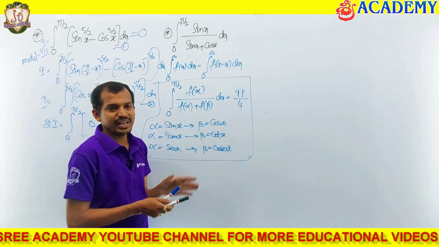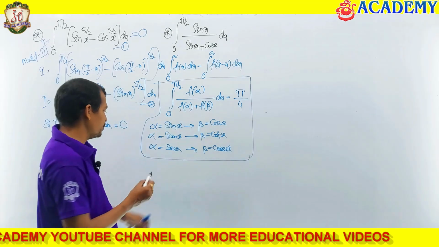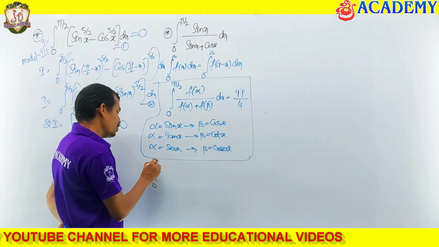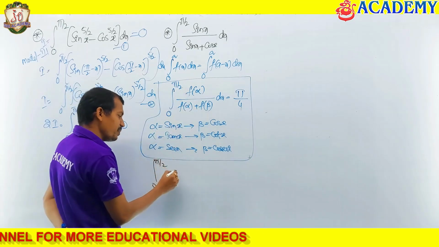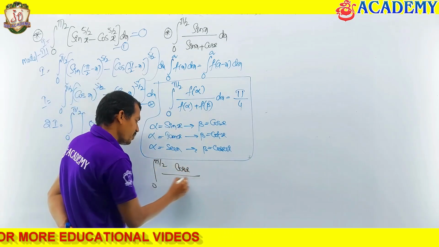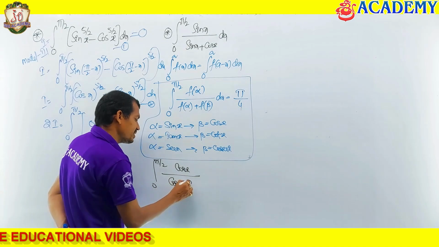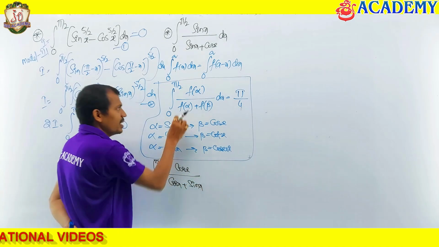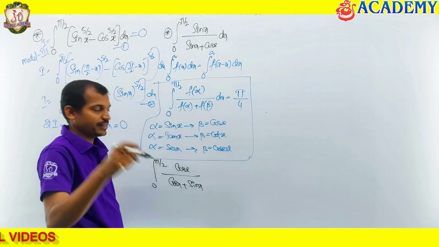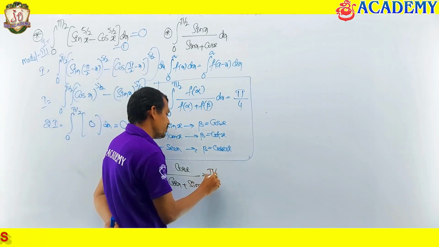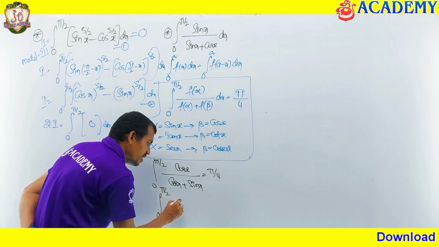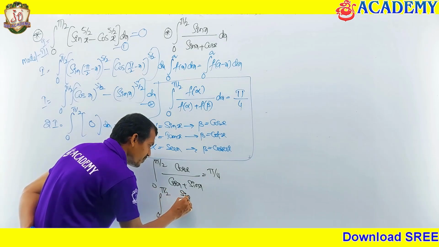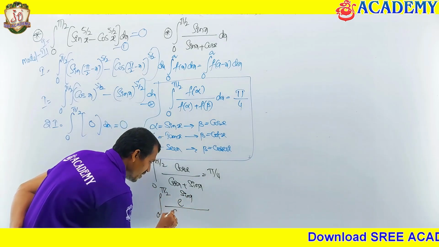But in any case, we can write using this form, that is integral 0 to pi by 2 only, always. If I take cos x in place of sin x, then cos x plus sin x. I am representing it with a function, it may be anything. For suppose integral 0 to pi by 2 e power sin x divided by e power sin x plus e power cos x.